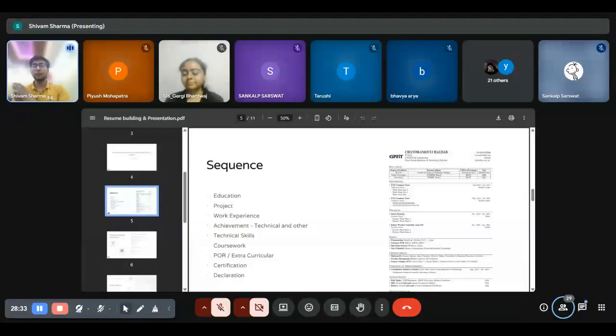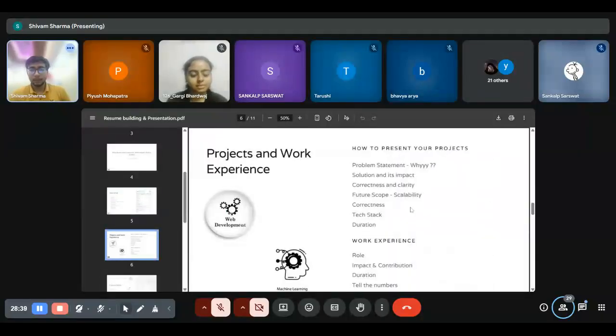Whatever problem you are tackling and the solution that you have drafted via your project, this is the impact. So bold those numbers, bold the tech stack in the whole resume. Whatever you feel is highly important, bold it, especially all the numbers, whatever rank you have and everything, so that the interviewer's focus goes first to them, right?